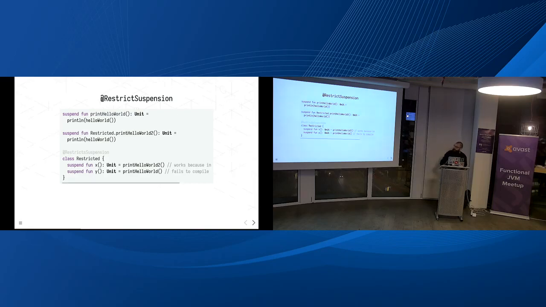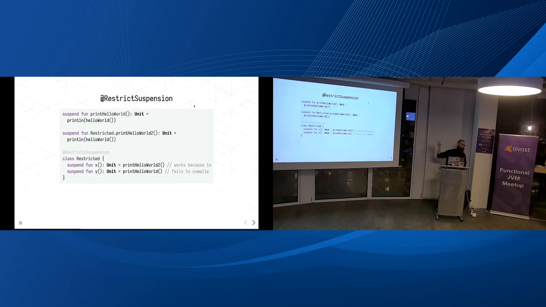I'm not sure if it's super visible on the slides, but above this class, there's an annotation, restricts suspension. What that does is that within the restricted class, we can only call suspend functions that were defined for restricted. So here at the top, we define two functions. One is suspend print hello world, and it is not defined for restricted. The other one is defined for restricted, as you can see here.